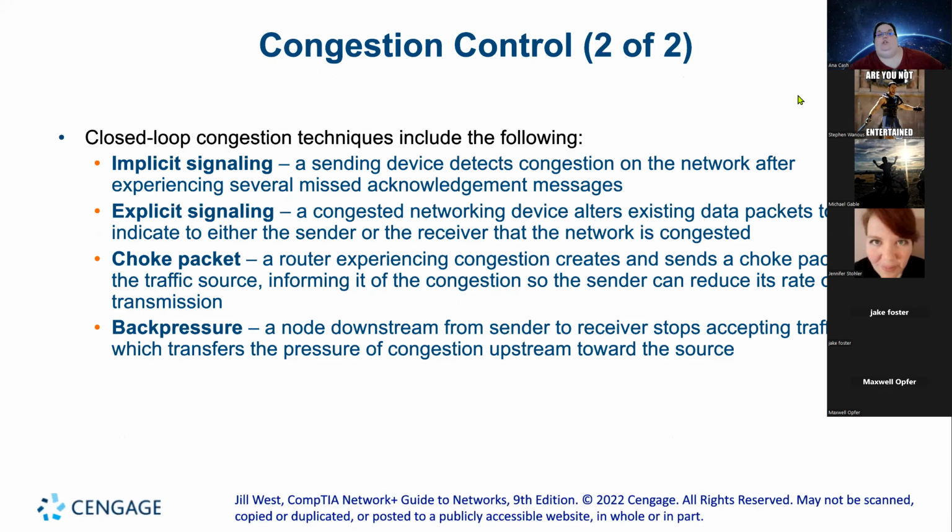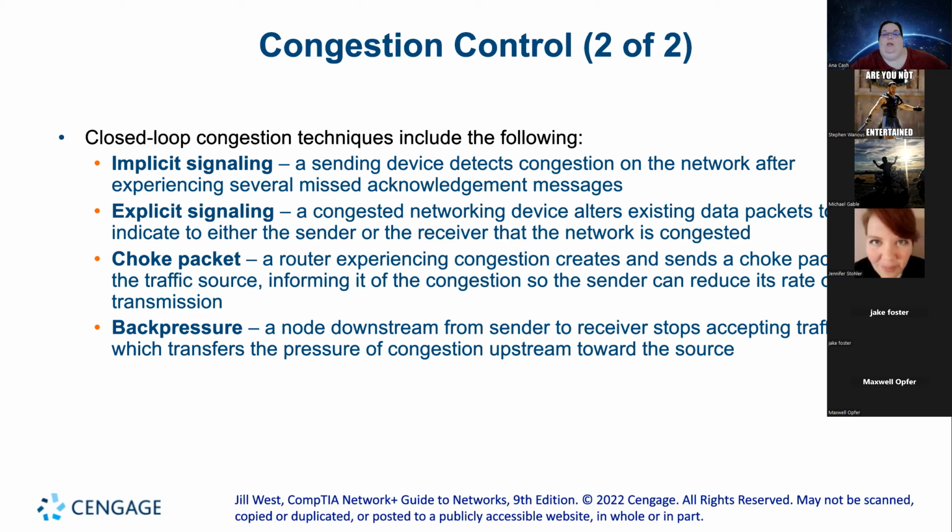And then closed loop congestion techniques, implicit signaling. A sending device detects congestion on the network after experiencing several missed acknowledgement messages. Explicit signaling. A congested network device alters existing data packets to indicate to either the sender or the receiver the network is congested.